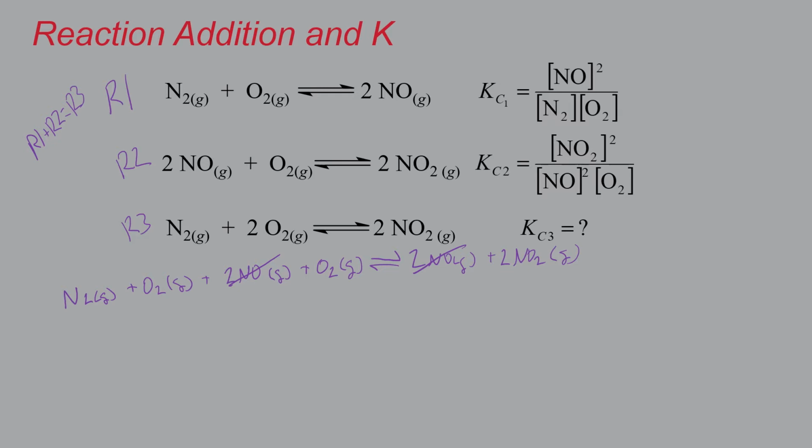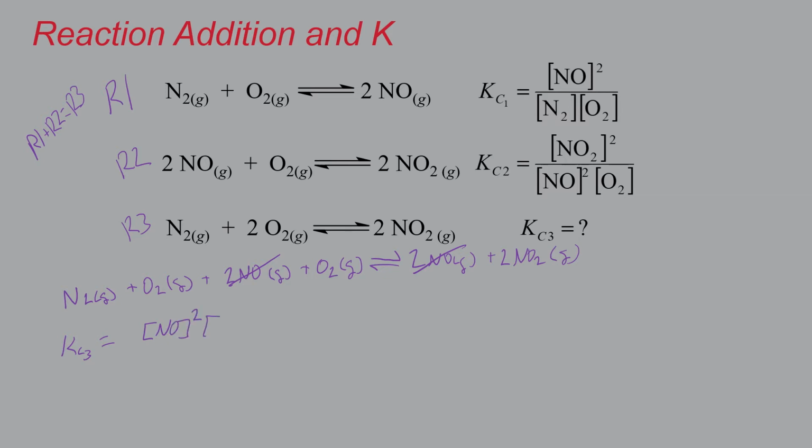So now let's construct the equilibrium constant for this sum reaction. This is going to be Kc3. Let's just do it like we know how to do. Take the concentration of the products, so we've got NO2, and raise them to their coefficient powers.